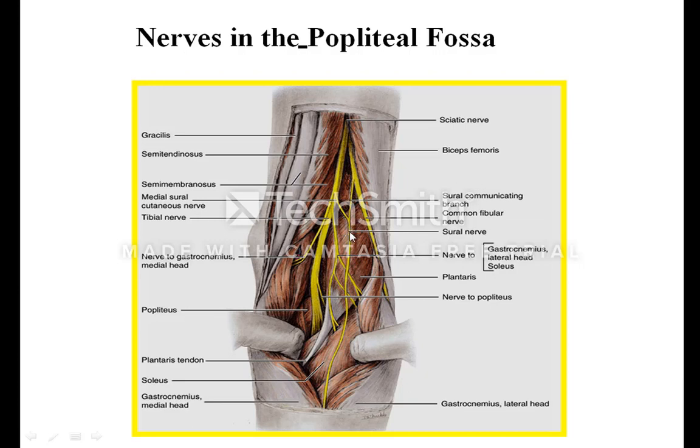These together will form the sural nerve. And here this is the nerve to the gastrocnemius and soleus muscles, and this one is the nerve to the medial head of the gastrocnemius. So thank you so much for your attention.